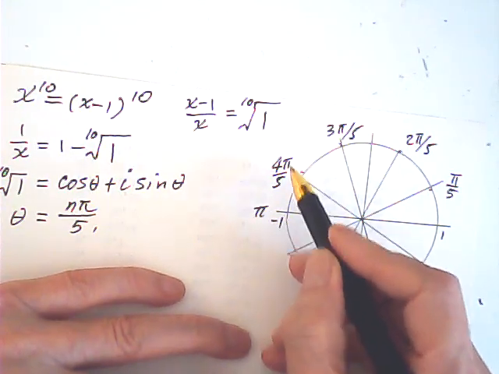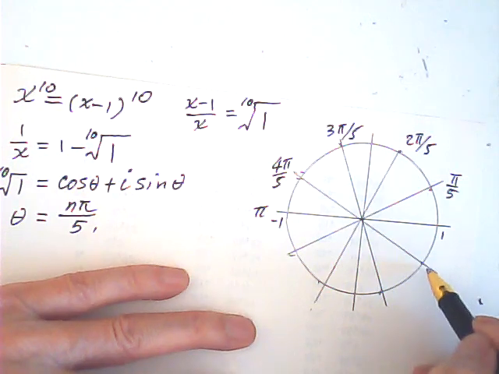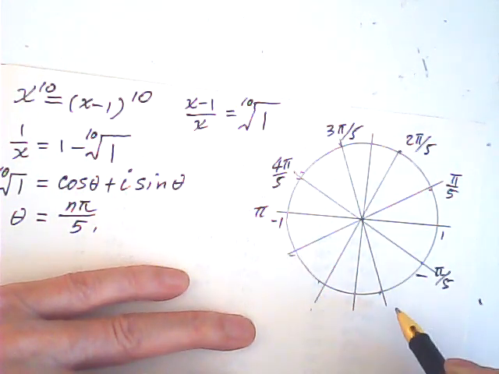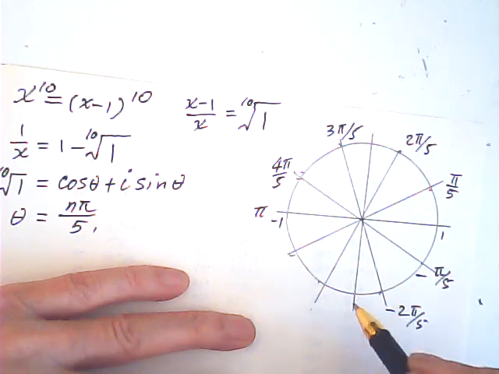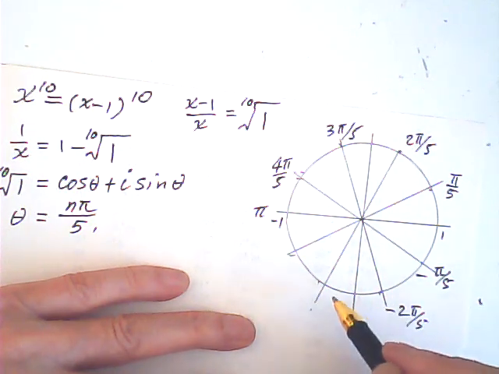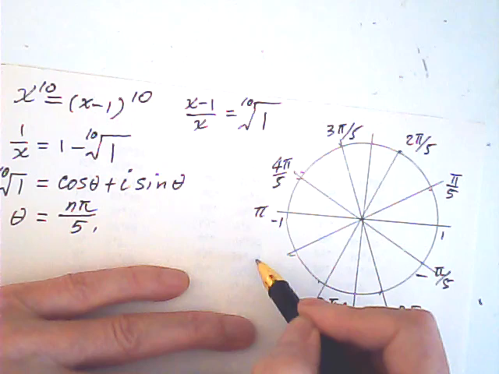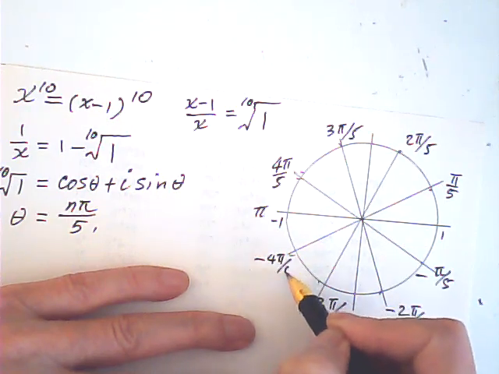This is 5 pi over 5. This is negative pi over 5, this is negative 2 pi over 5, just a fifth of pi away. This is negative 3 pi over 5, this is negative 4 pi over 5.